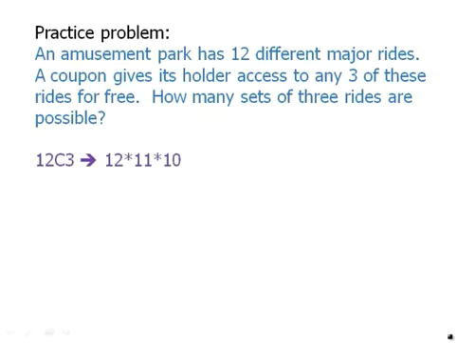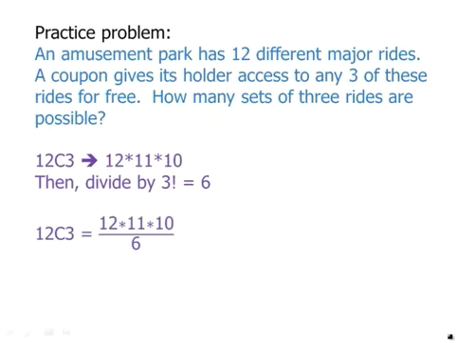So first we'll figure out we have 12 choices for the first one, 11 for the second, 10 for the third. And then we divide by 3 factorial because the order doesn't matter. So we're eliminating the repetitions due to the different orderings of the choices. And so 12 choose 3 would just be 12 times 11 times 10 divided by 6.